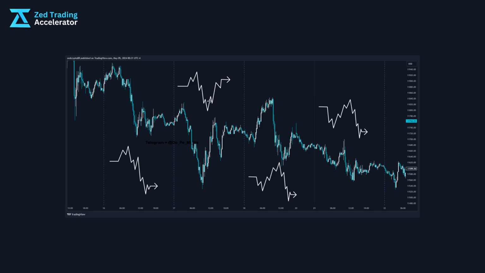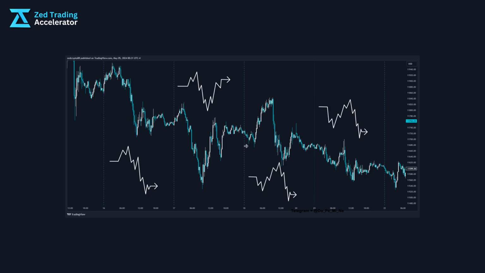We reach a higher time frame liquidity or PD array, and then the price reversed higher. This one right here is the bearish reversal of this template. These two templates are just the same. It's just different price action. This is for bullish reversal and this is for bearish reversal.